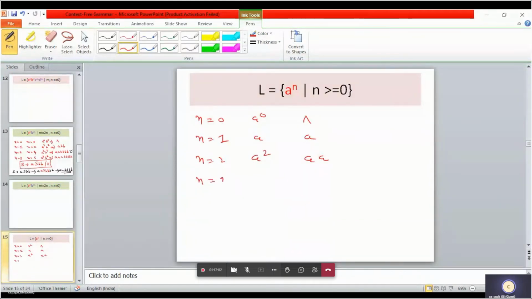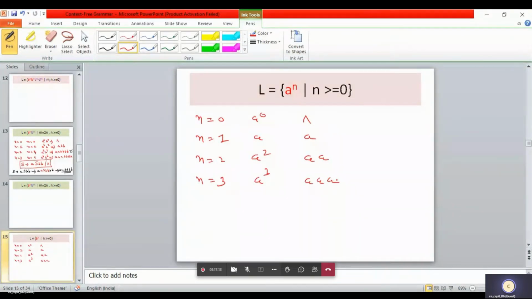N equal to 3, A cube, so we have triple A. So if you can give me a grammar for this, how we can generate A raised to N. Yes, anyone can unmute and give me the grammar.